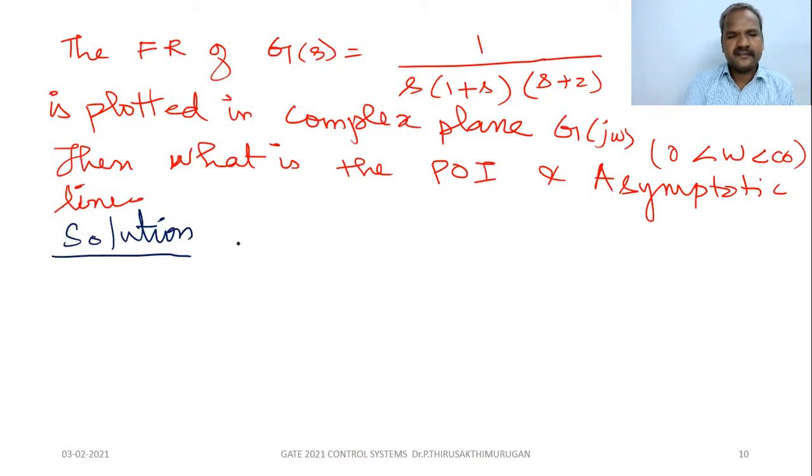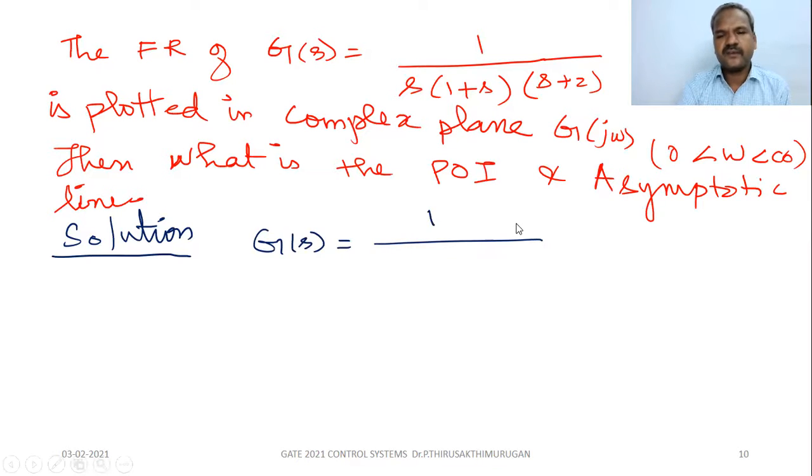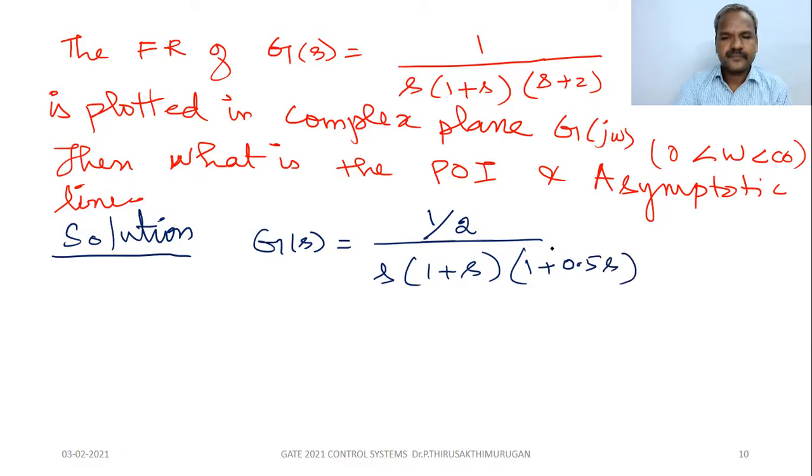See, this is similar to G(s) equal to 1 by s into (1 plus s) into (1 plus 0.5 s). First we convert this into time constant form. If you take 2 out, k will be 1 by 2, with 1 plus s and 1 plus s by 2, that is 0.5 s.